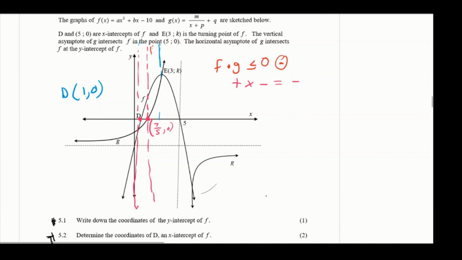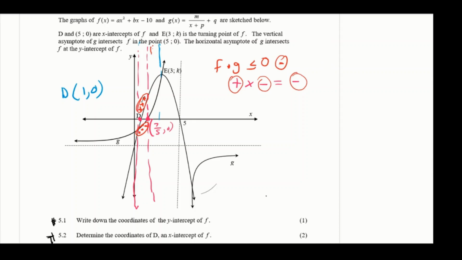As I've indicated, for f the y values here are positive, but for g the y values here are negative, which is what we are looking for. We want a positive value multiplied with a negative value of y to give us a negative value of y. So this is where that situation happens. So what are the x values when this case happens?